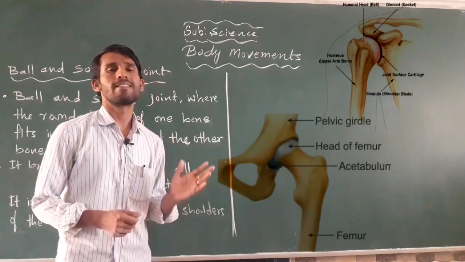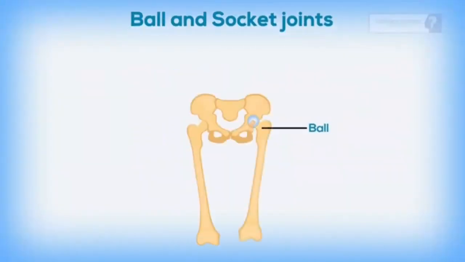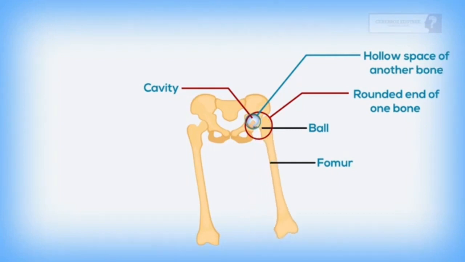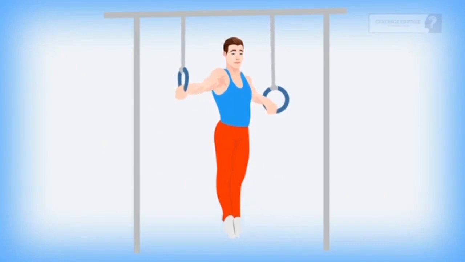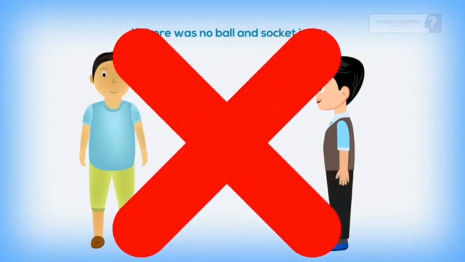Dear friend, you watch this small video. Ball and socket joint is the one where the rounded end of one bone fits into the cavity, the hollow space of another bone, making the bones freely movable. Joints of this type allow free movement in all directions. For example, when you bowl or when you are hanging in air, you use the ball and socket joints of the shoulder. Just imagine if there was no ball and socket joint, all these multiple functions we perform with shoulders won't be possible.